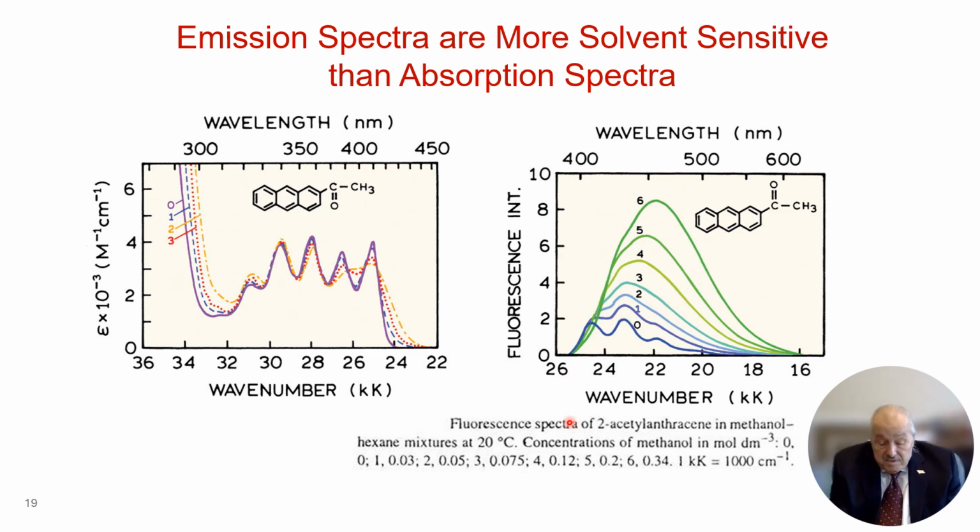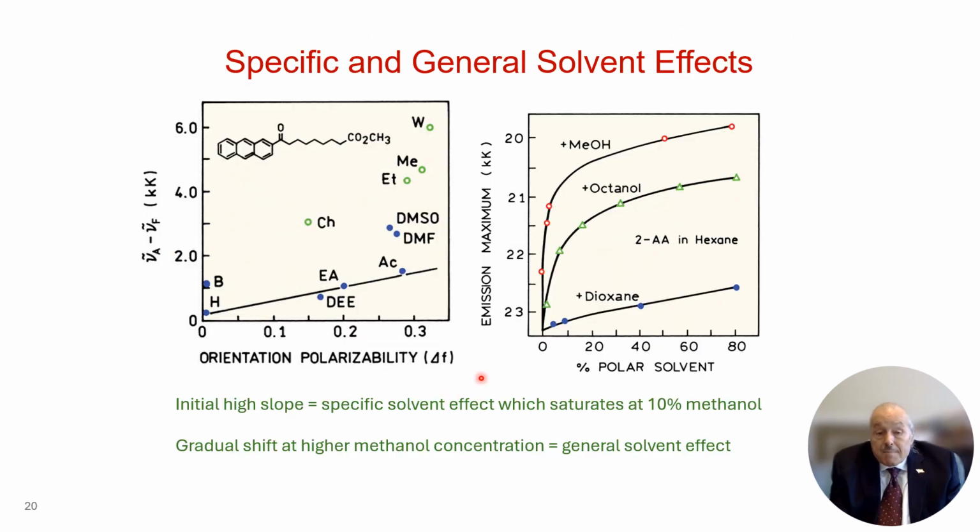And this can be shown in a different way. I'll describe this one first. Here we just have the percent of polar solvent and the emission maxima. This makes more sense to an experimentalist, because this is the way you usually think about the way you collect data.